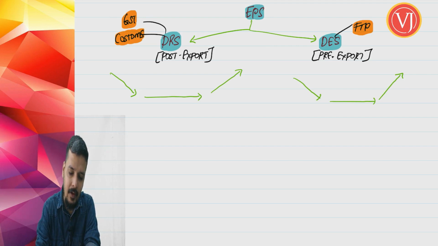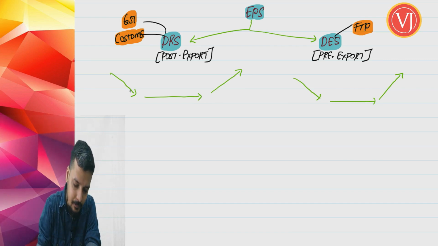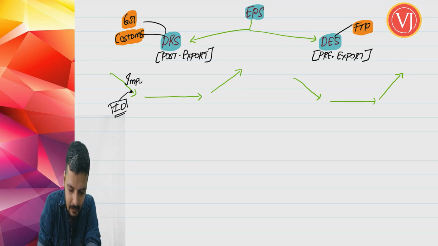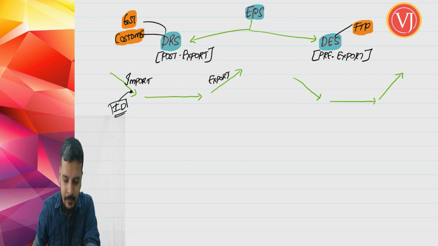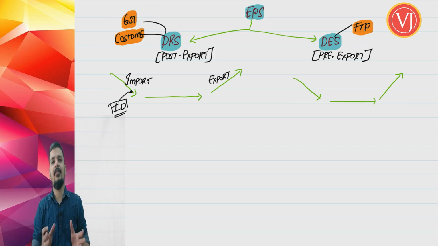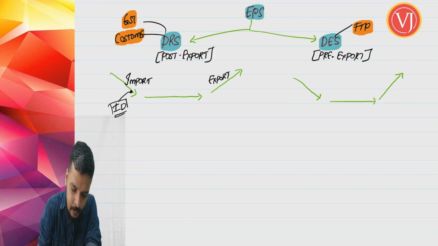So this is the first of such scenarios: you are importing the goods, paying import duty, and then exporting the goods, that is an import followed by export. So you are importing goods or raw materials, paying import duty, then doing manufacturing in India. In India there is manufacture, so you have to remember that.